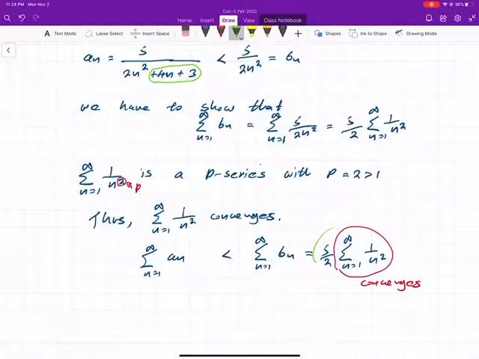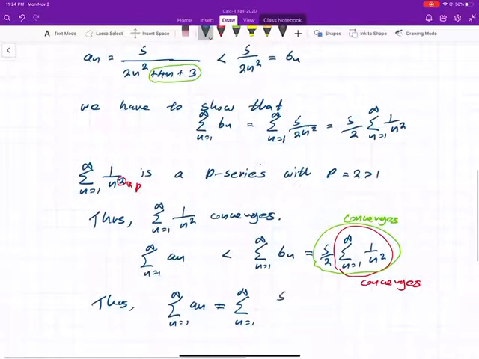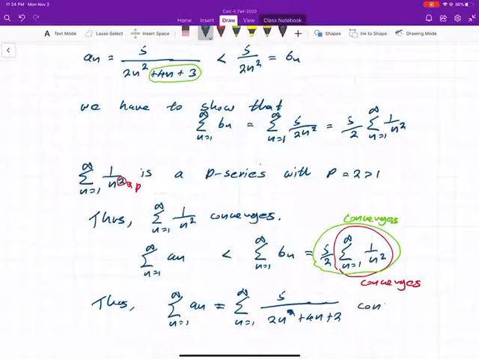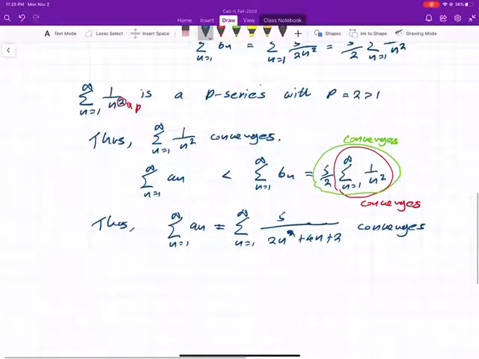Since the red part converges, the entire green part converges. Thus the conclusion is sigma n goes from 1 to infinity an, which is 5 over 2n square plus 4n plus 3, converges, by the direct comparison test.